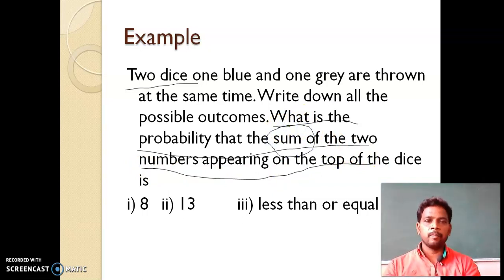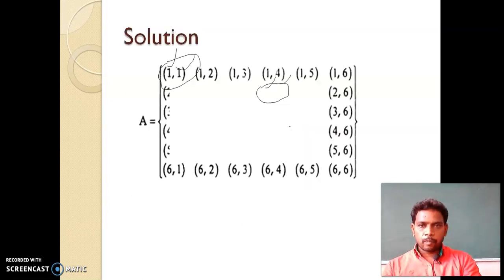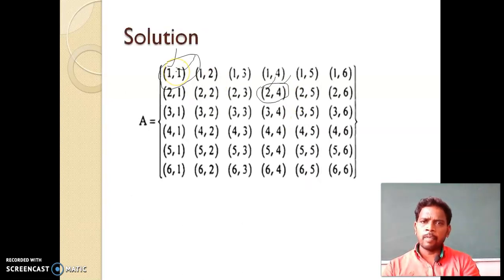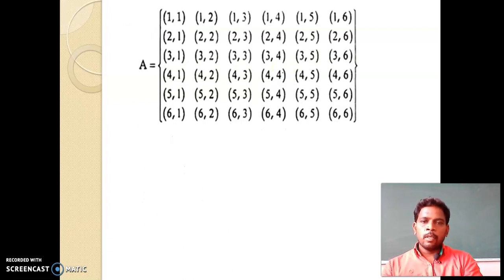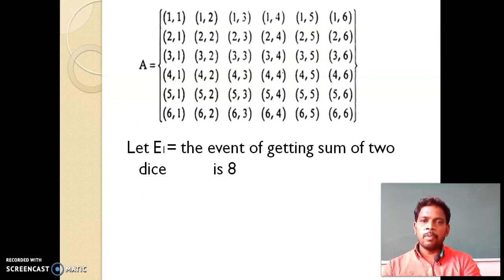For the first one, the sum of both numbers is 2, here 3, here 4, here 5, like that. So what is the first subdivision? E1 equals the event of getting the sum 8. Sum is 8, so you can choose a pair inside the bracket.